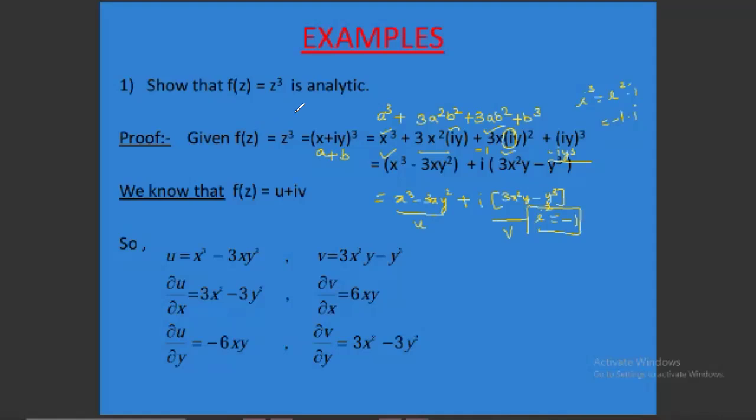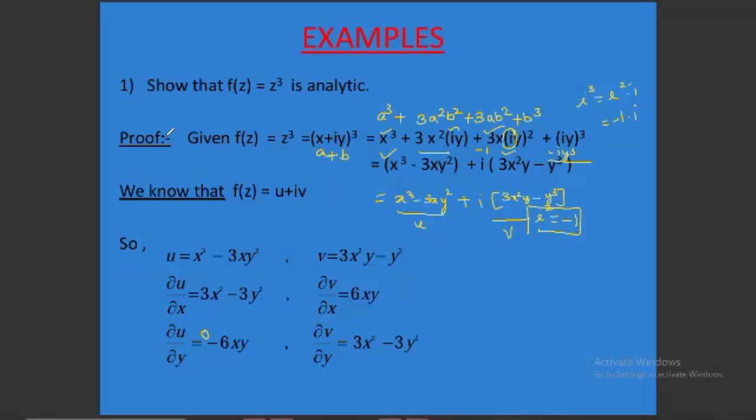I am going to check the CR equations, and you know that the partial derivatives will exist since it is a polynomial. So u is equal to x cube minus 3xy squared. So u x is equal to 3x squared minus 3y squared, and partial differentiation with respect to y gives 0 minus 2xy into 3, which is minus 6xy.